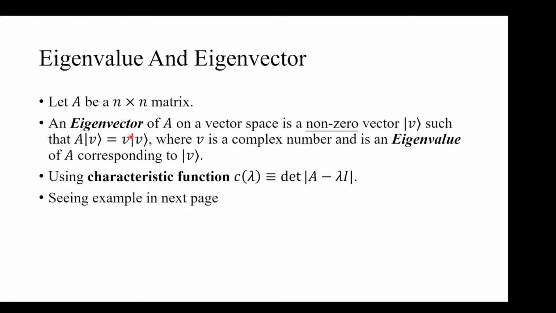This scalar multiple v here is called the eigenvalue of A corresponding to v. I guess this equation is the most important here: A|v> = v|v>. These are eigenvectors.